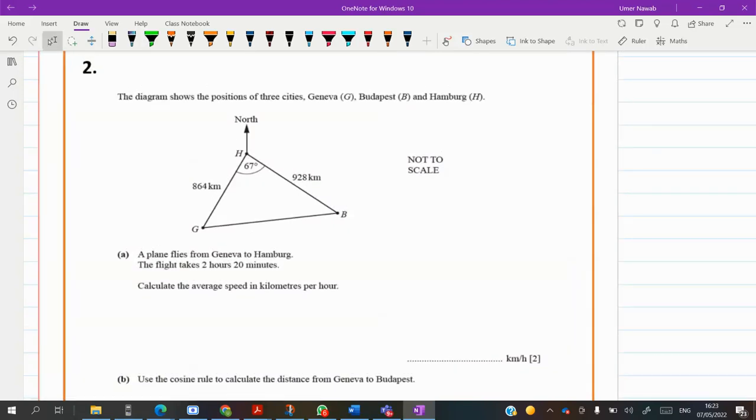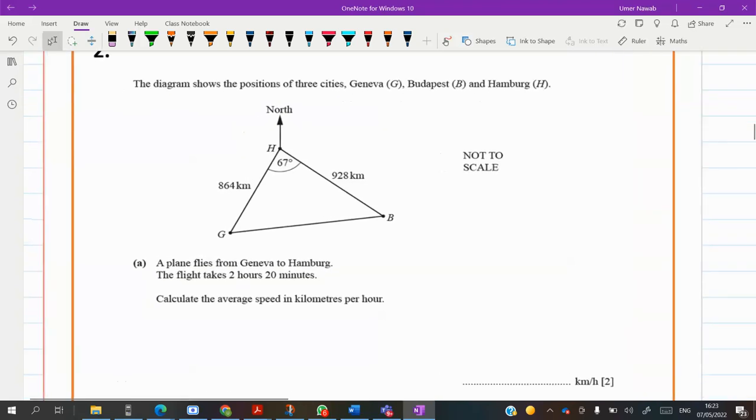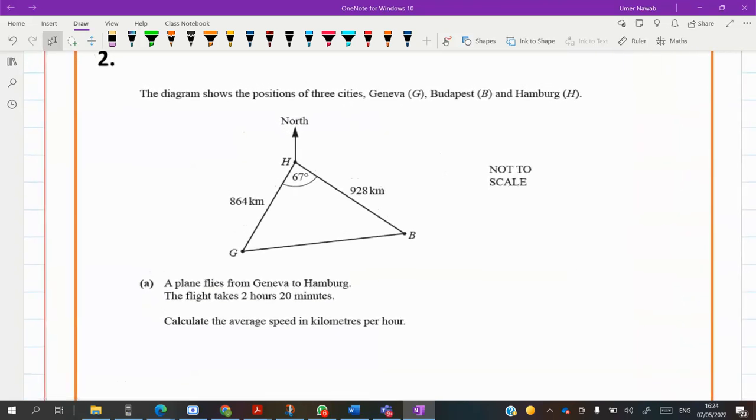Now let's move to question number two. In question number two, he said that the diagram shows the position of the three cities Geneva, Budapest, and Hamburg. So the three cities are basically represented on this map with the three letters.